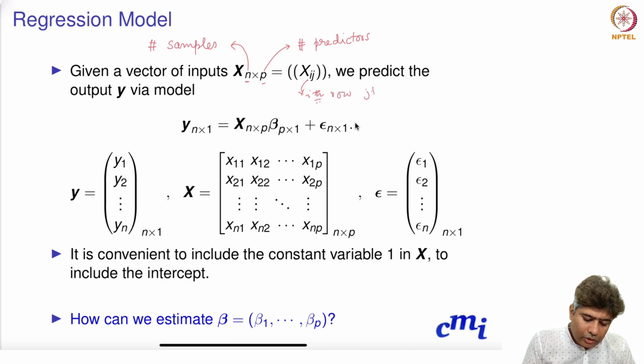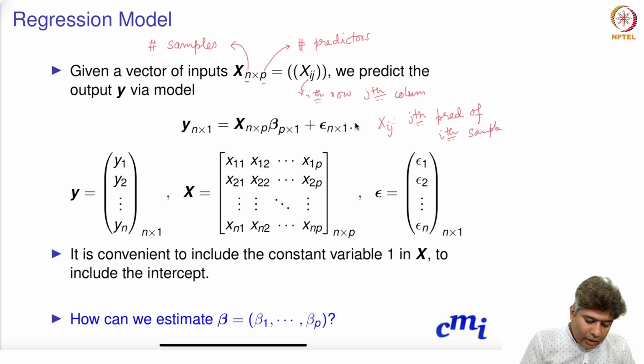Basically xij stands for the jth predictor of the ith sample.